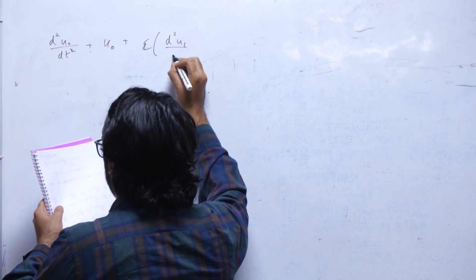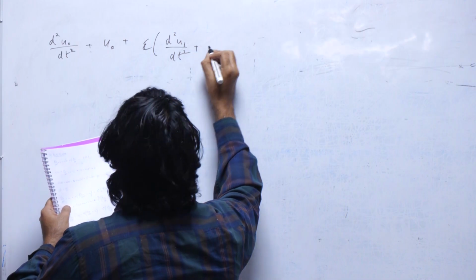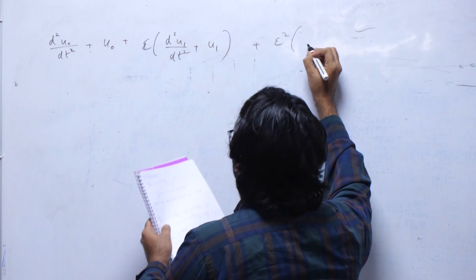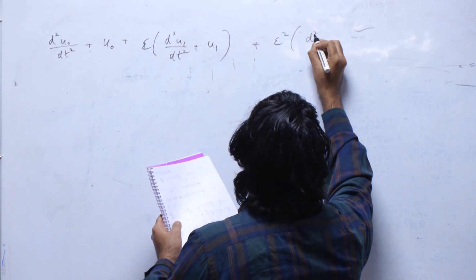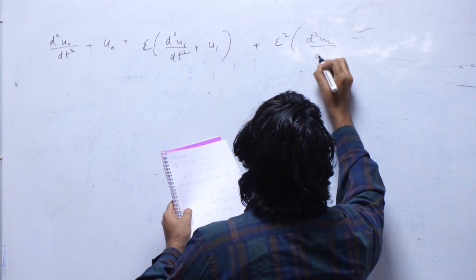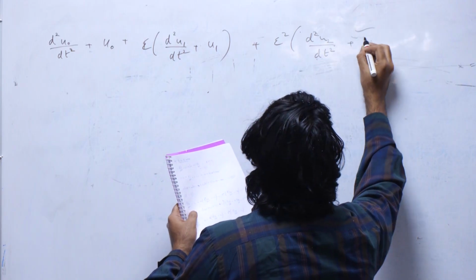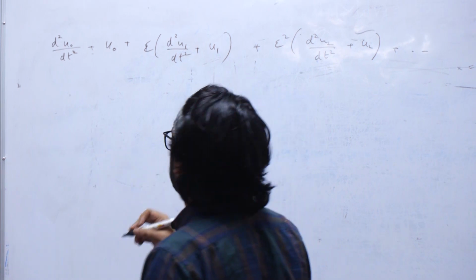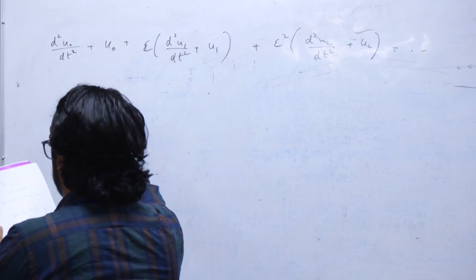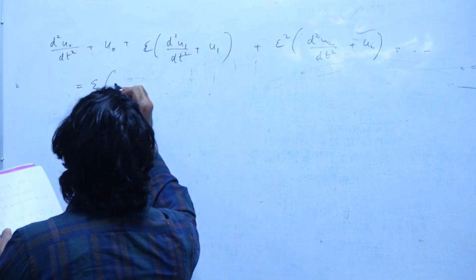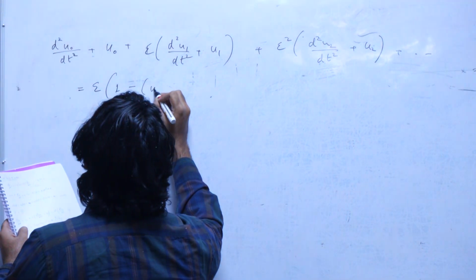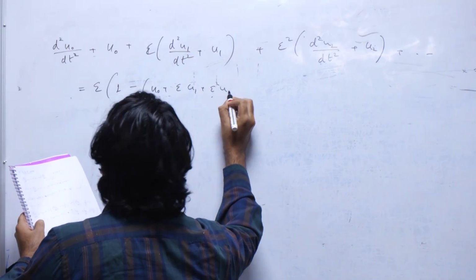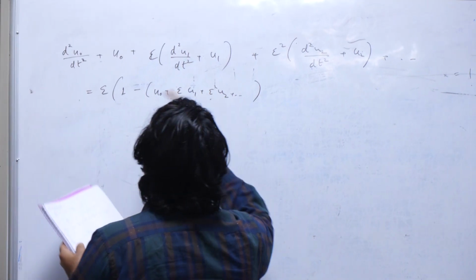So d square u1 by dt square plus u1, plus the coefficient of epsilon square, which is d square u2 by dt square plus u2, and so on. And then we have the right hand side, which is epsilon times 1 minus (u0 plus u1 plus ...) square, so 1 minus u square.